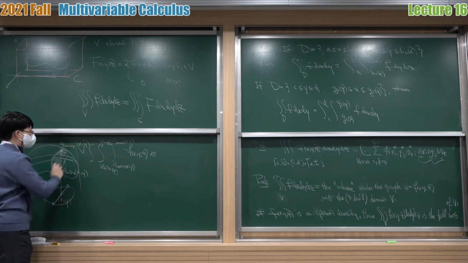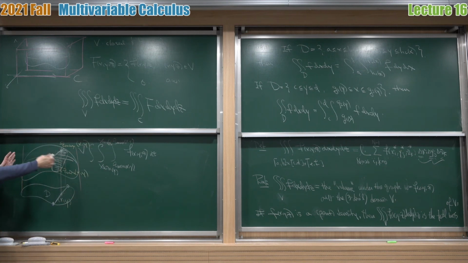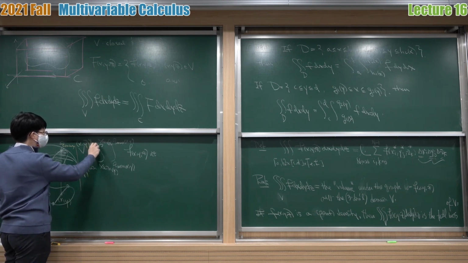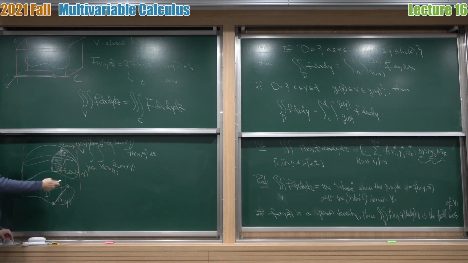And then next, in order to find the entire mass, what should I do? I add all these thin masses over y, right? So I take the y min and y max. Is y min and y max constant? Yes, it is constant.